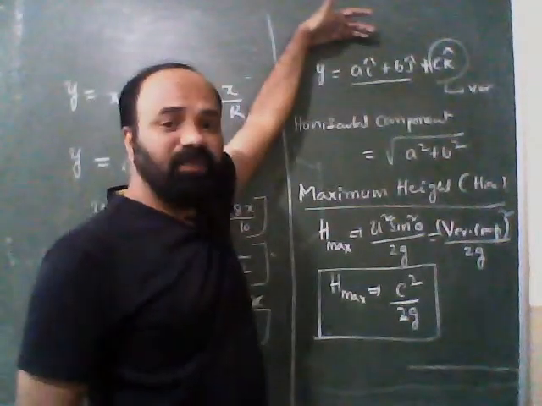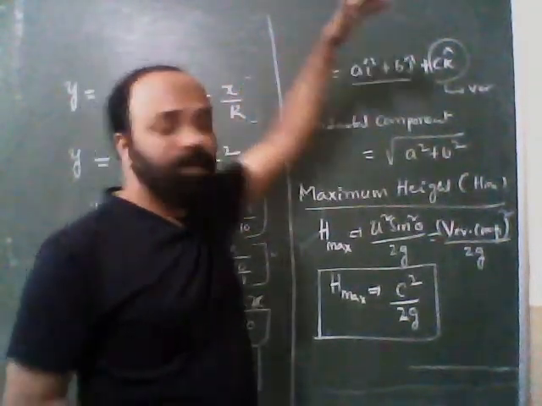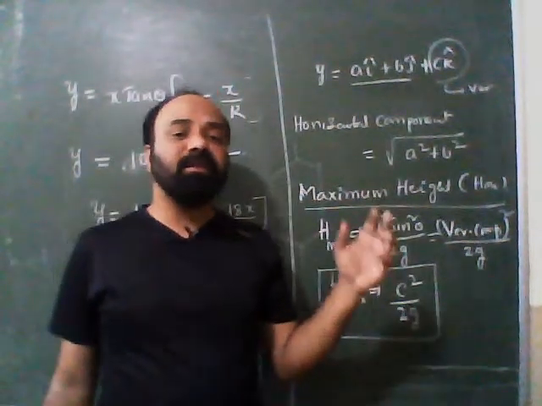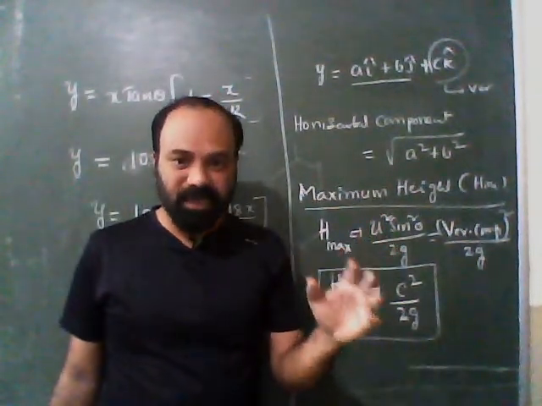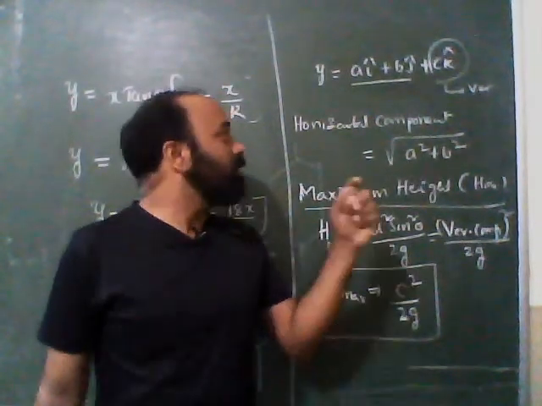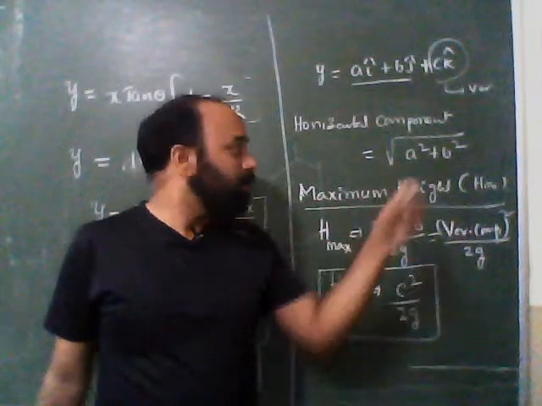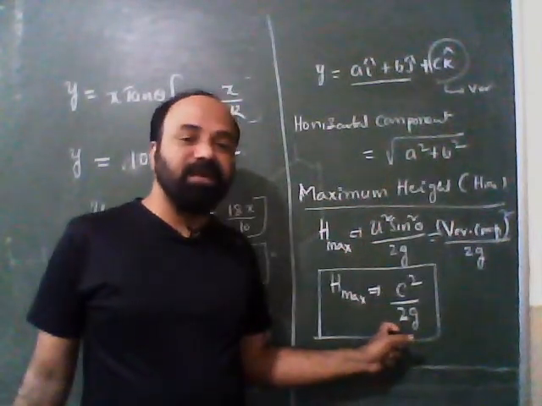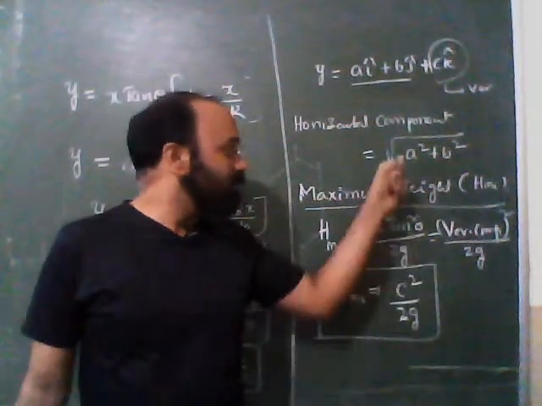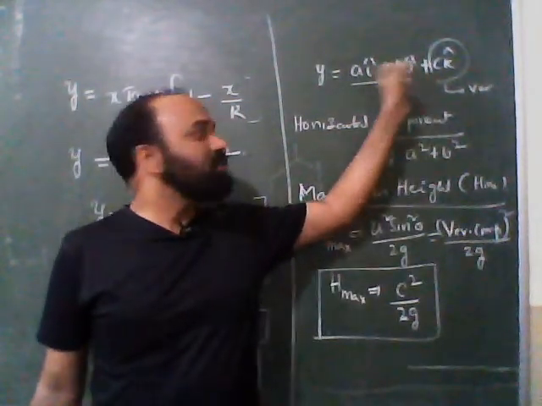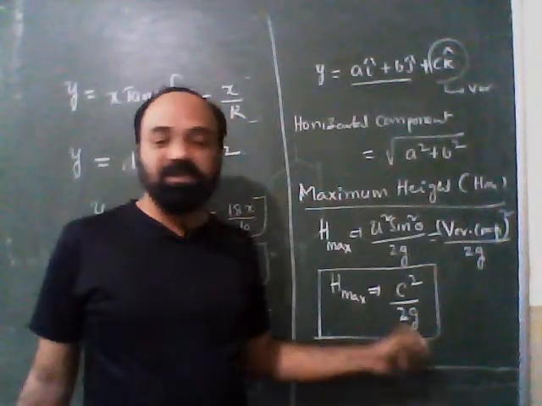If they give the equation like this, y equals ai cap plus bj cap plus ck cap, as the path of a projectile, and they ask for the horizontal component, how much? The horizontal component means root of a square plus b square. If they ask what is the maximum height, c square by 2g. These are the shortcut formulas. Whenever the given trajectory equation is like this, maximum height means c square by 2g.